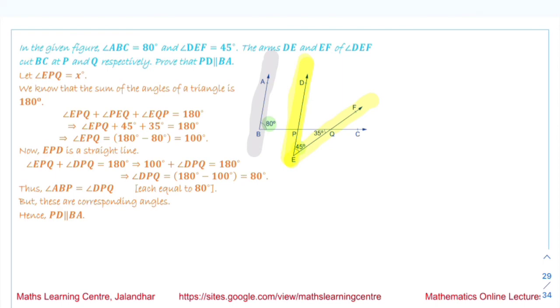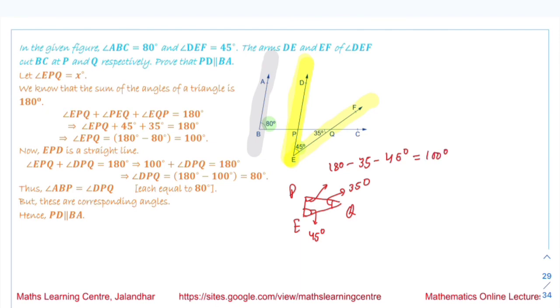So how we are going to solve this is, we consider the triangle PQE. In it, angle PEQ is 35 degrees and this angle is 45 degrees, so we can find the value of this angle. It is 180 minus 35 minus 45, which is equal to 100 degrees.